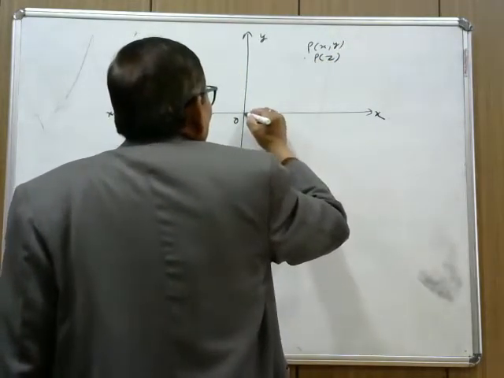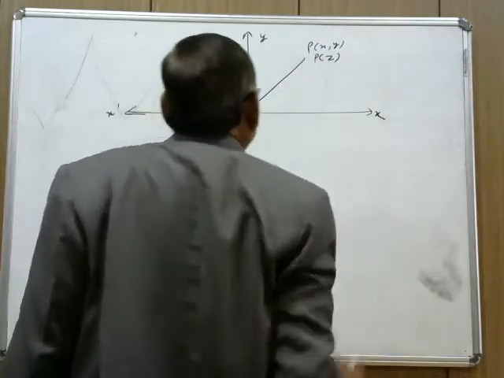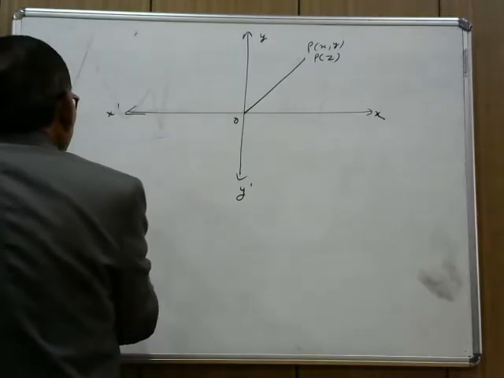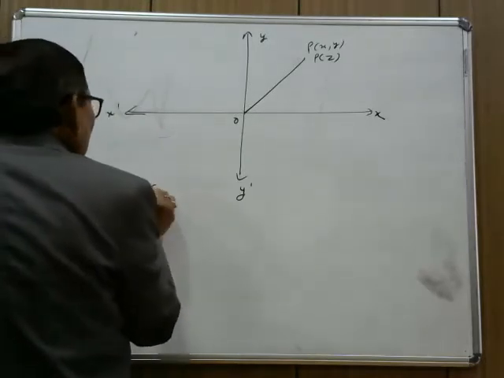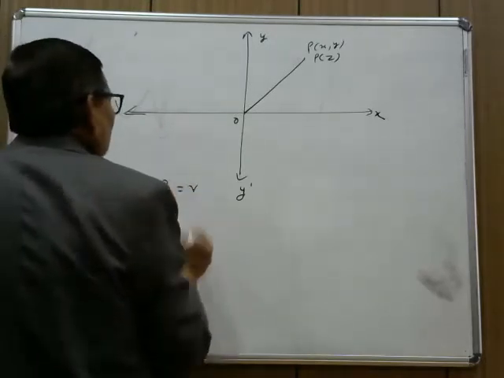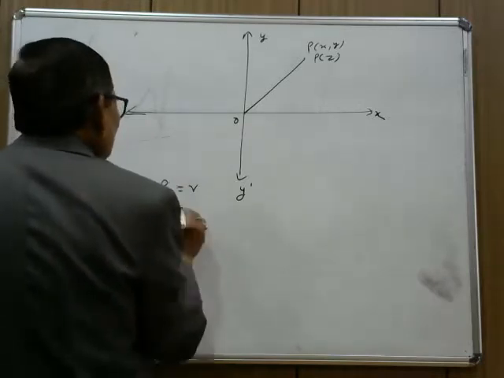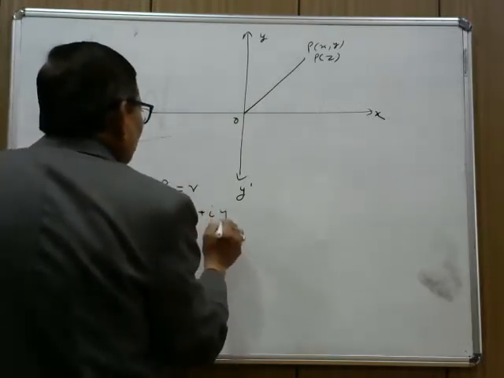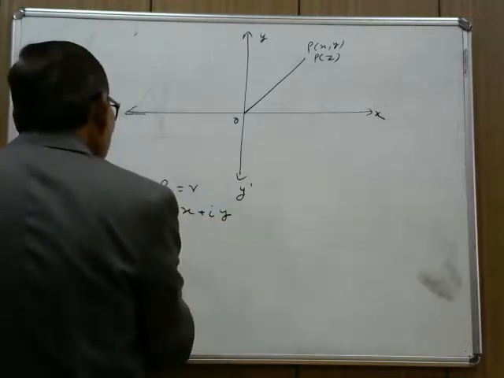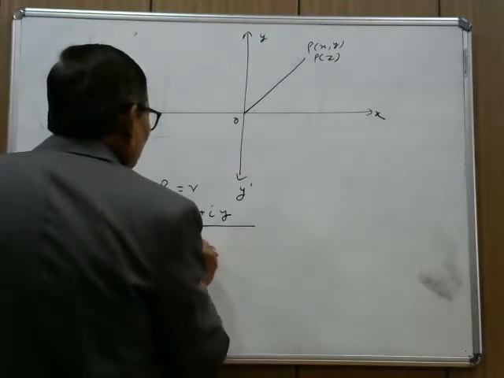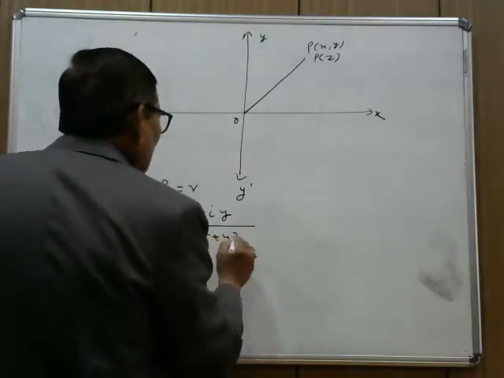You join O and this point P, and the length of OP is r. So you can write your complex number z equal to x plus iy, and the modulus of the complex number z is under root x square plus y square.